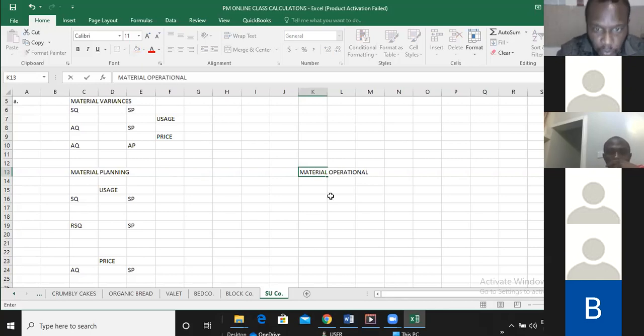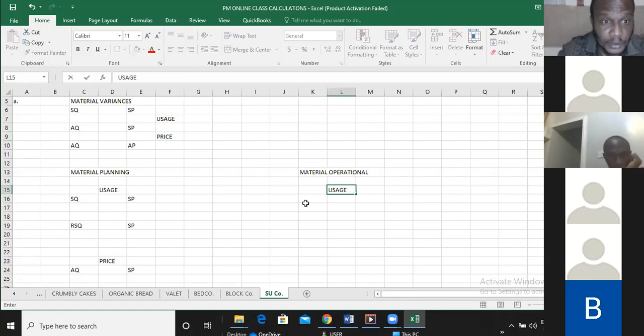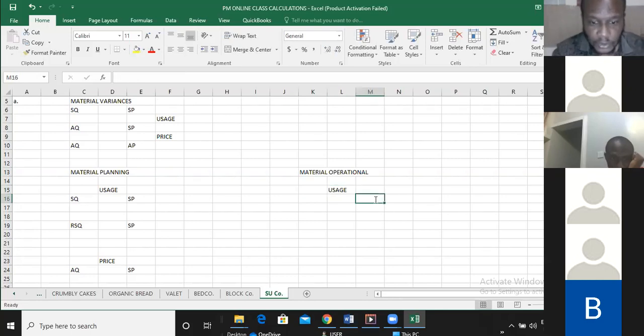So for the usage part, so usage. And then we said with that, we're comparing revised standard with actual. So we just have our standard price. So standard price.